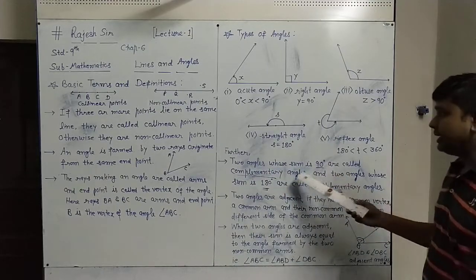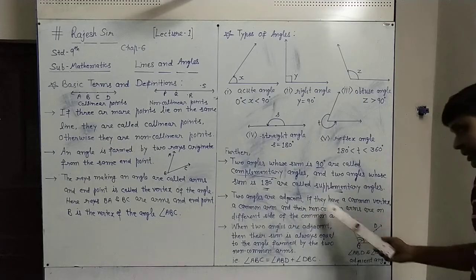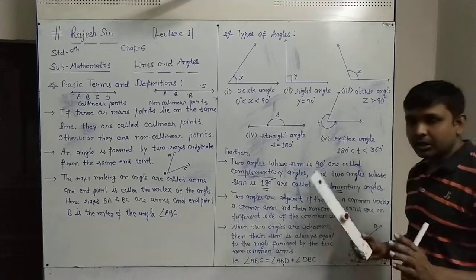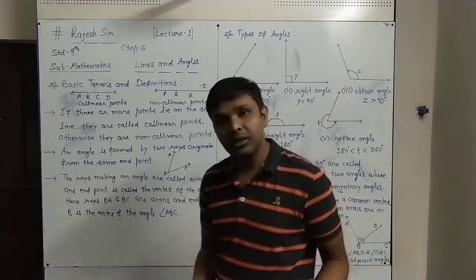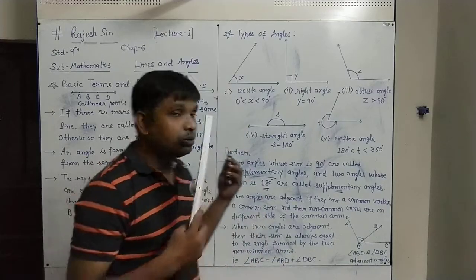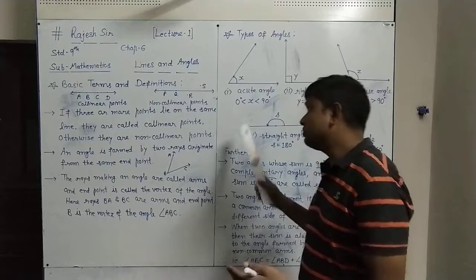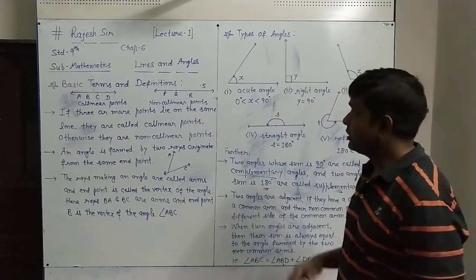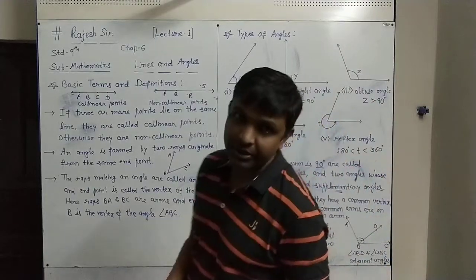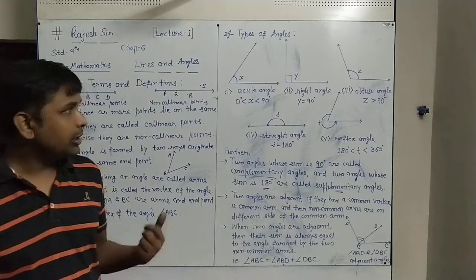If the sum is 90, complementary angles; if the sum is 180, supplementary angles; and adjacent angles, with the condition that the sum of adjacent angles equals the angle made by the non-common arms. You are advised to write all this down in this first lecture and remember it for the coming lectures and for your better knowledge. Because one more question can be asked about this, so you will be able to answer.